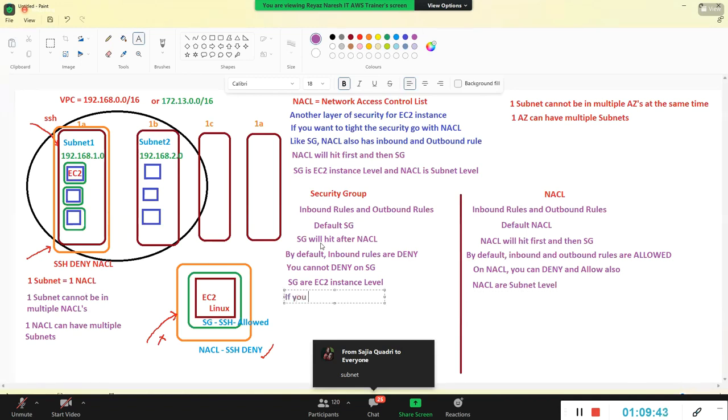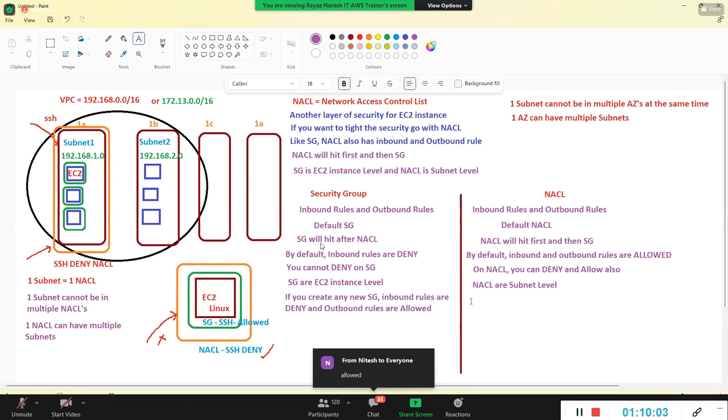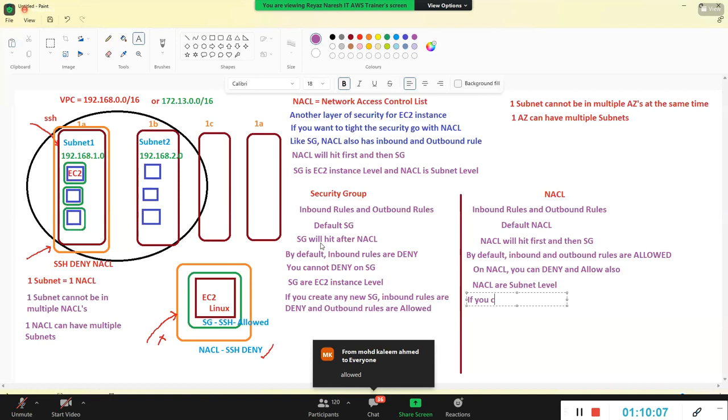So guys, if you create any new security group, inbound rules are denied and outbound rules are allowed. But if you create a new NACL, that is dangerous.